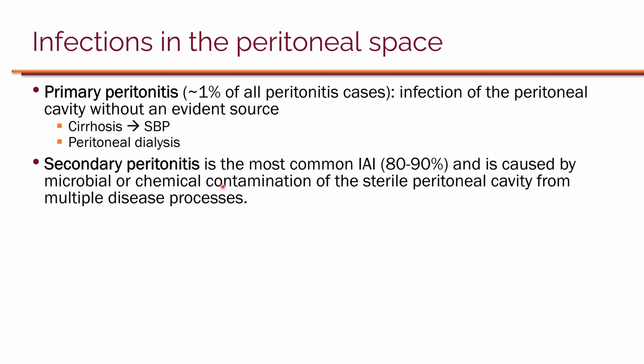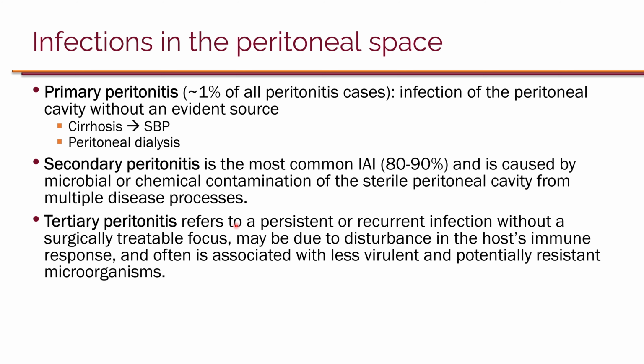Now, secondary peritonitis, as I mentioned, is the most common, so 80 to 90% of cases, and it is caused by microbial or chemical contamination of the sterile peritoneal cavity from multiple disease processes. So this typically starts with one of those other uncomplicated intra-abdominal infections and advances into secondary peritonitis. And the concept of tertiary peritonitis essentially refers to a persistent or recurrent infection without a surgically treatable focus.